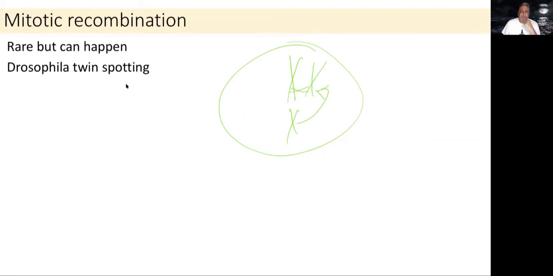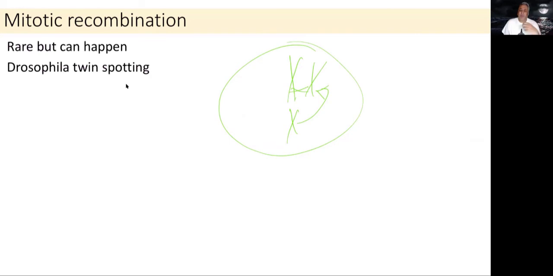And that exchange of chromatids between homologous chromosomes can lead to recombination. And if that happens in the tissue of the body, then you get mosaicism, right? So you get hybrid tissue.